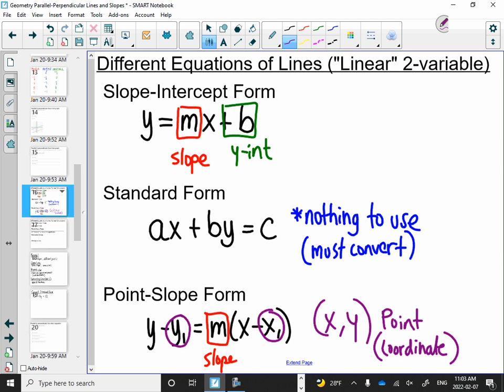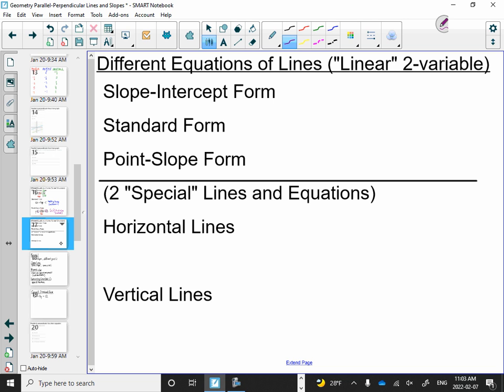So this is a coordinate or a point that's on the line. Okay. Now, why the heck do we have to use this? Just because. All right. But let's take a look at this. Eventually, we're going to get to where we have these two special lines, horizontal and vertical lines. We'll come back to that. Okay.